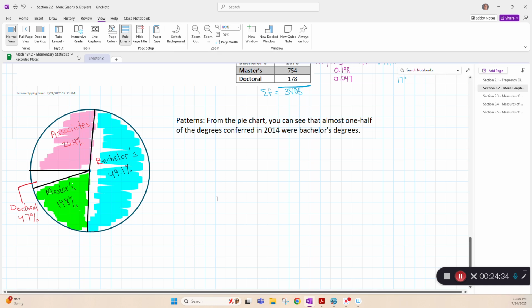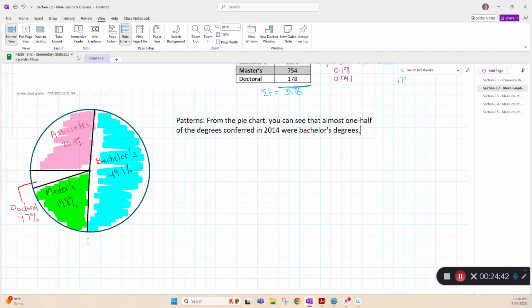If I switch backgrounds, you can really see that easily just looking at the colors. It's like, oh, half that chart's blue. Yeah, it is, because almost half were bachelors. So even without the data, we could see that.